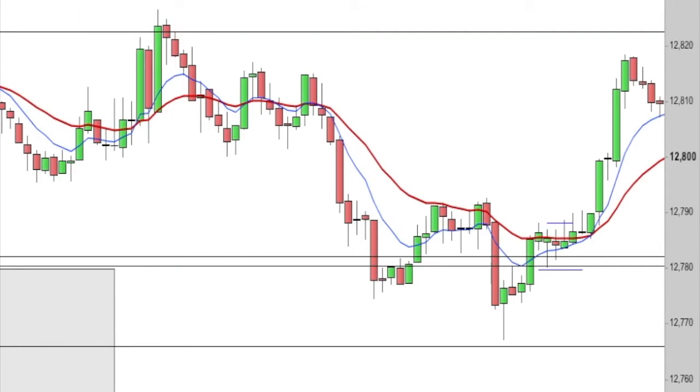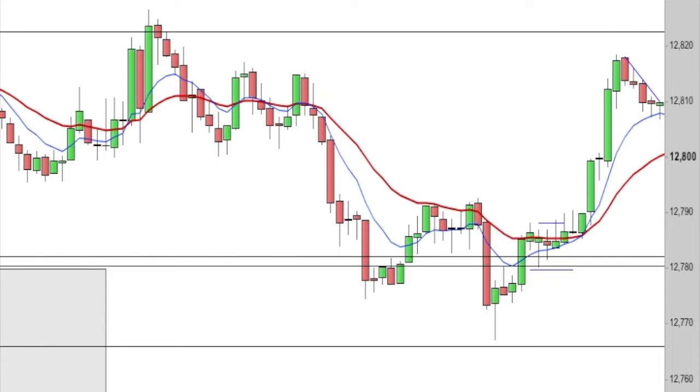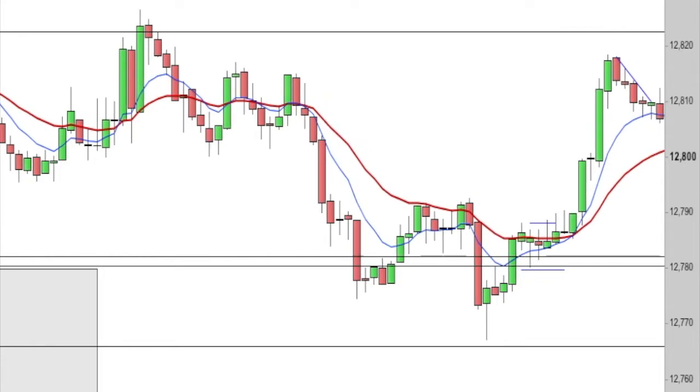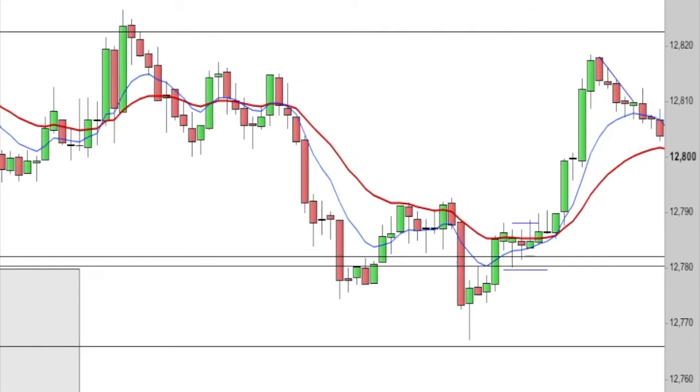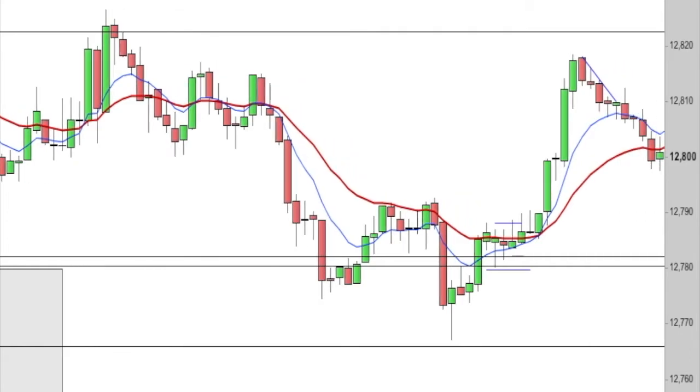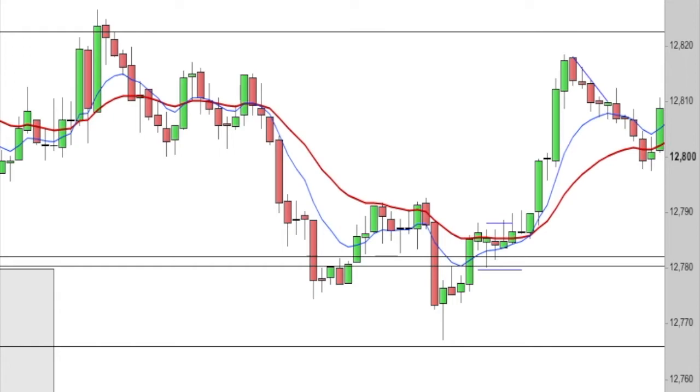You can almost put a trend line across these bars here and wait and see if the market breaks through that level, which it does there. Market still looks as though it's going down, so we wait for more evidence. And at this stage you can alter the trend line.